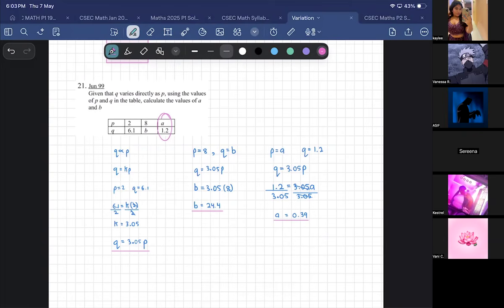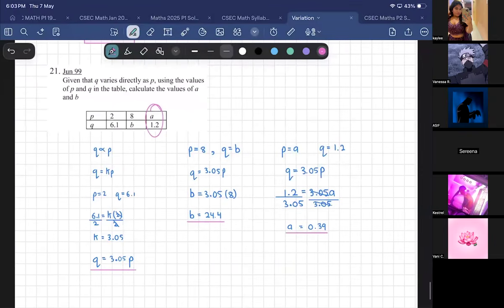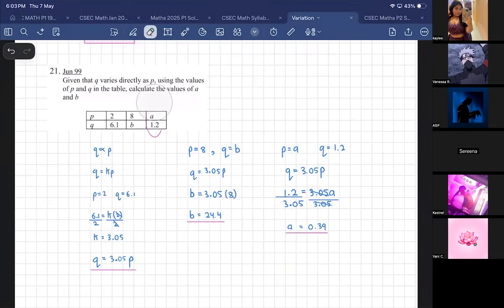Asif, yes, sir. You tell me, you're confused? Not really. Alright, so Asif, what equation did we come up with that linked Q and P together? Q equals 3.05 E. Good.